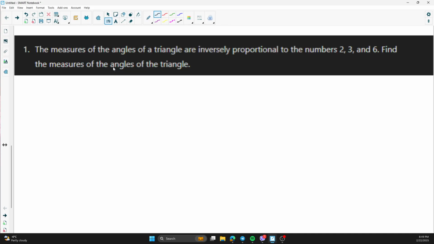The measures of the angles of a triangle are inversely proportional to the numbers 2, 3, and 6. Find the measures of the angles of the triangle. So that means they're the opposite of 2, 3, and 6.